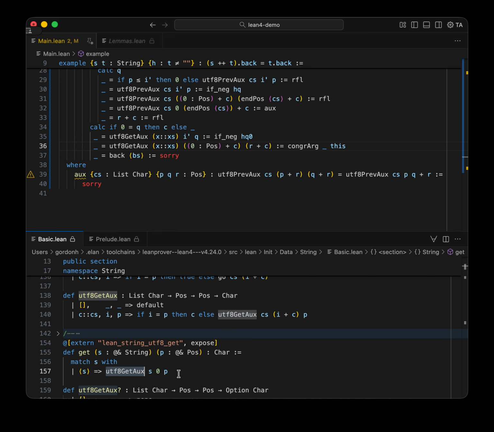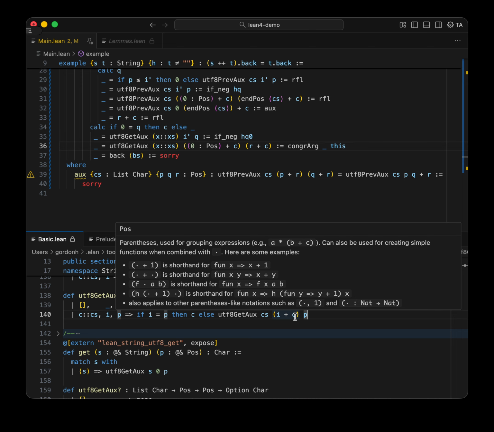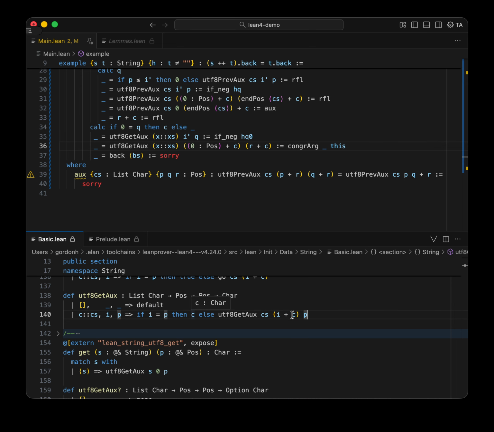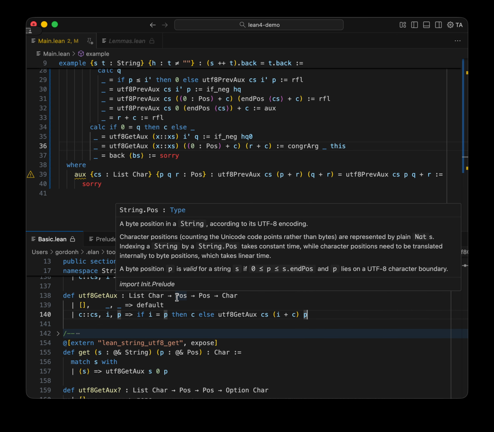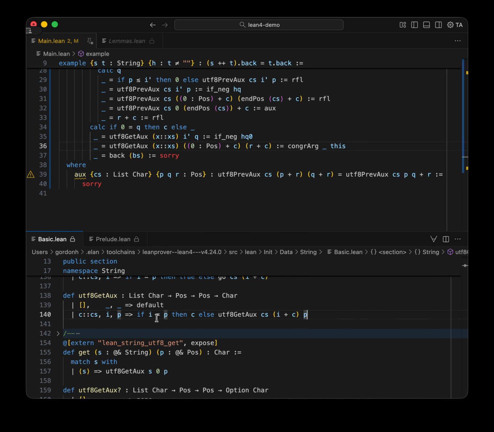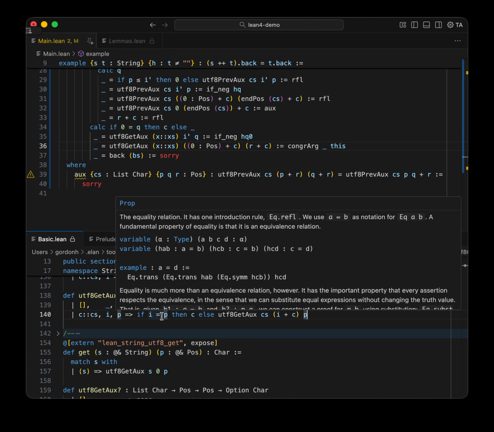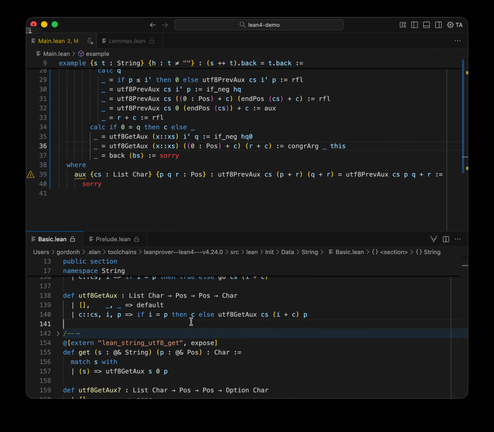It increments this second argument I by the size of the character and keeps on incrementing it until I reaches P, and it will give you the destructed character.